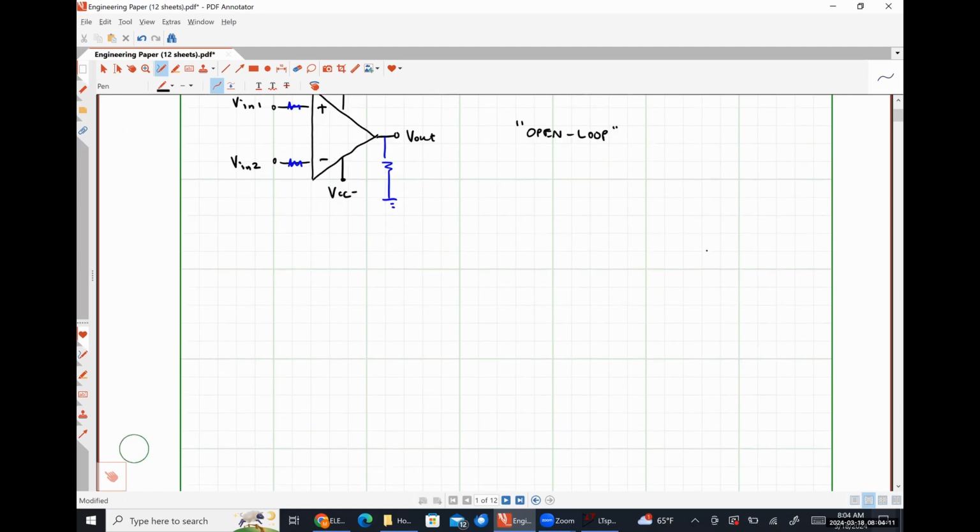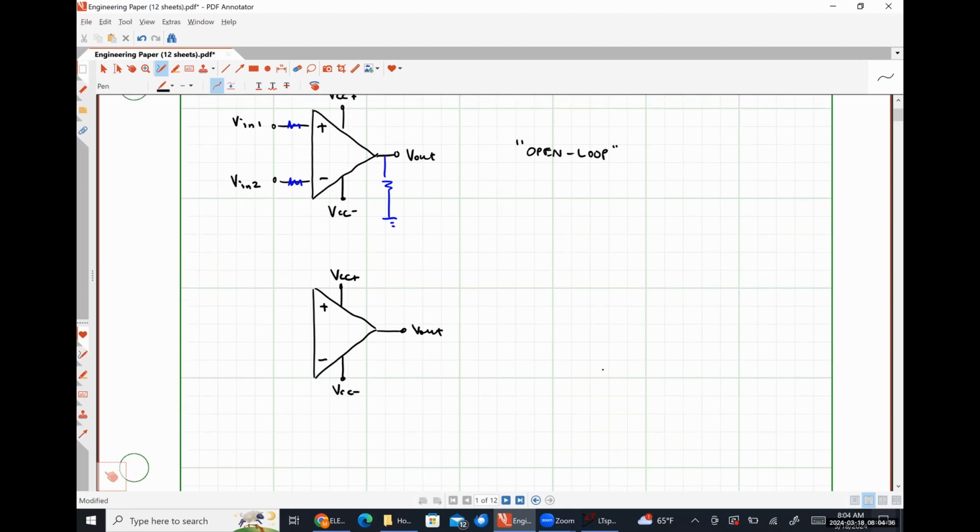Now, let's say that I have a similar thing. And in this case, I am going to connect my non-inverting input terminal to my output terminal.